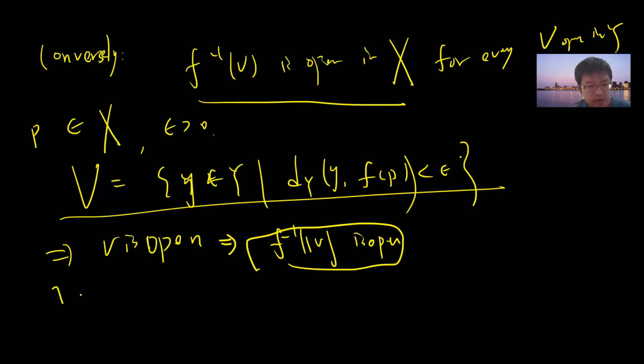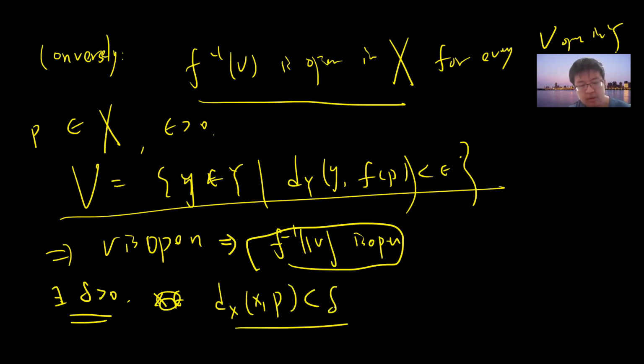So this means that there exists delta greater than 0 such that when x is close to p, then all the points will fall into this set, because f inverse of V is open.